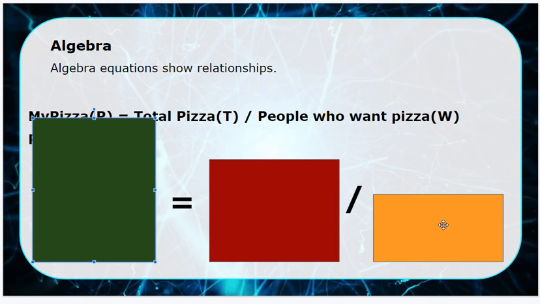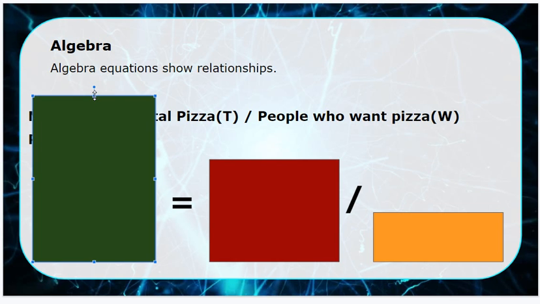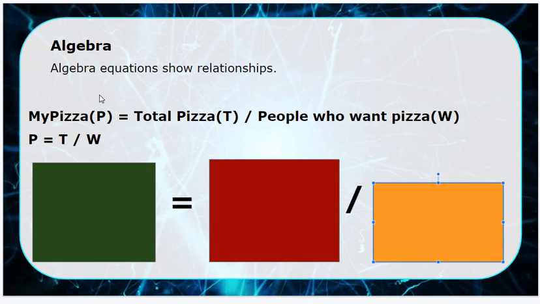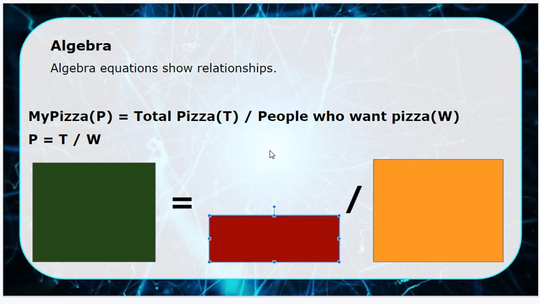Because all of a sudden there's fewer people that are going to be trying to eat pizza. So when this goes down, this goes up. But when this goes down, okay, the total pizza goes down, this goes down.